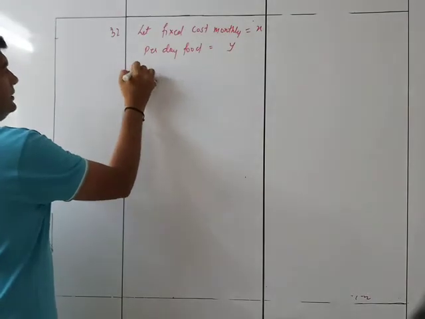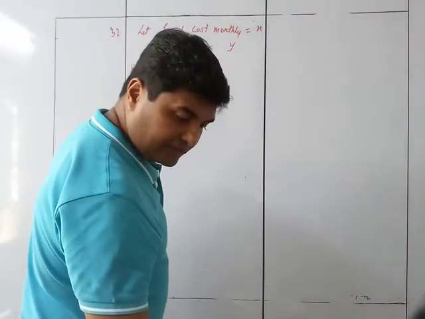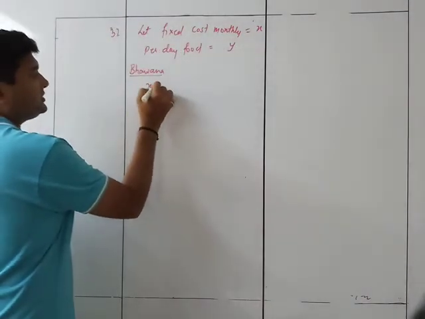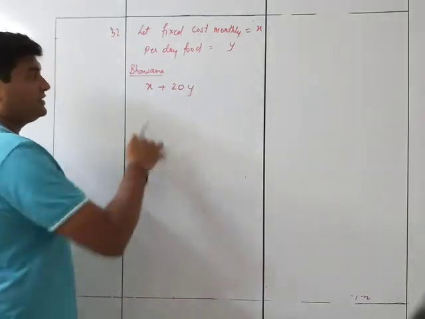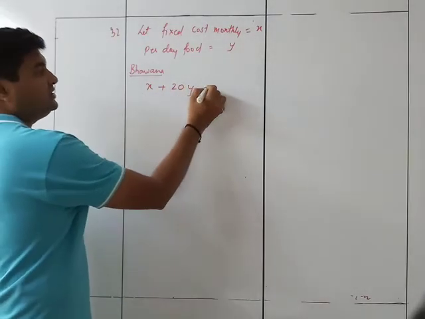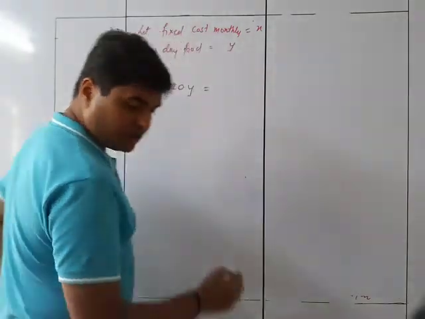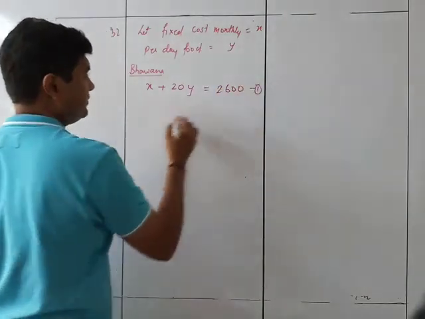So for Bhavna, you can see that she stayed for 20 days. So total charge will be x plus 20y, because x is the fixed charge and this is for 20 days, and she pays how much? She pays rupees 2600. So 2600 is what she is paying. This is my first equation.